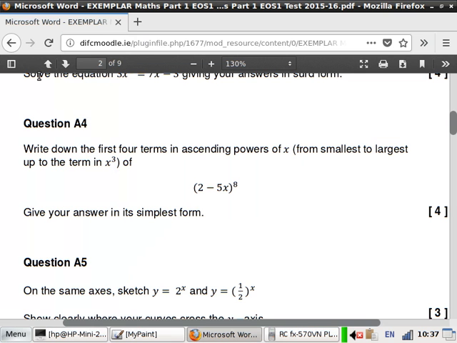So if you're not finished, now you start to understand the pressure in the exam. So let's have a look.